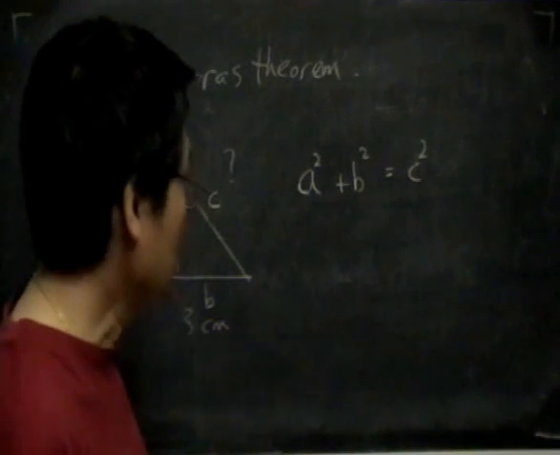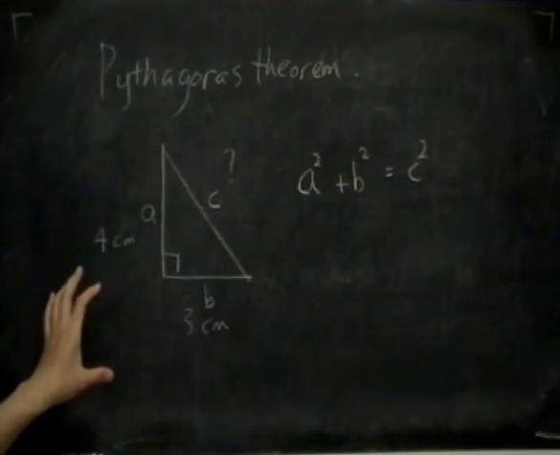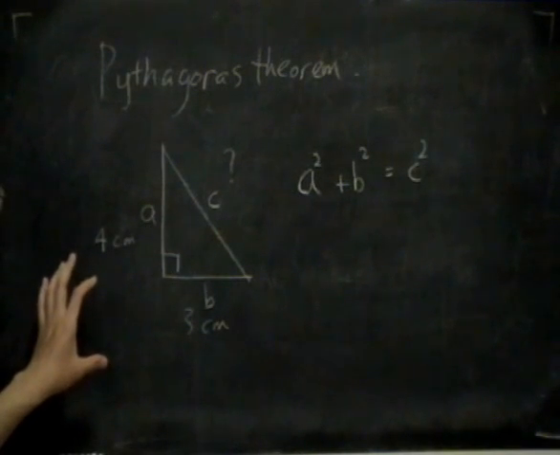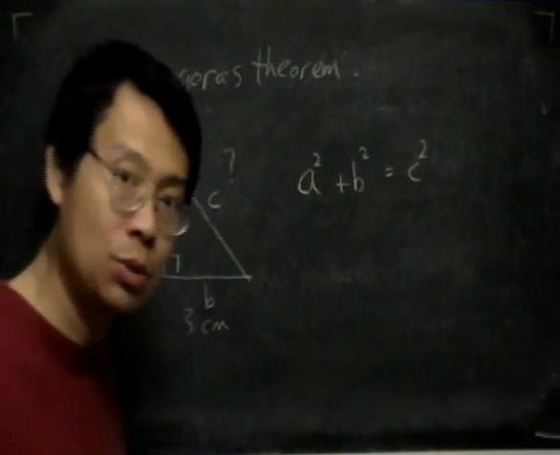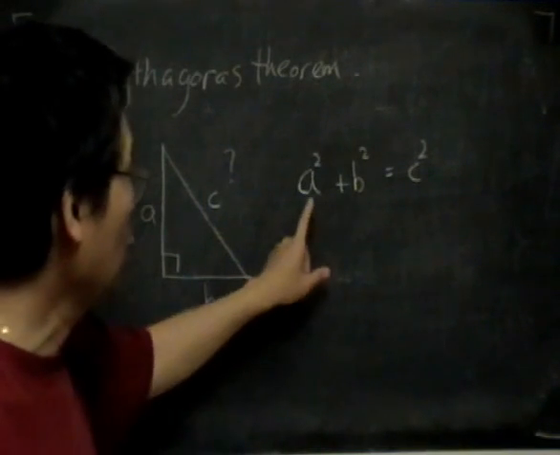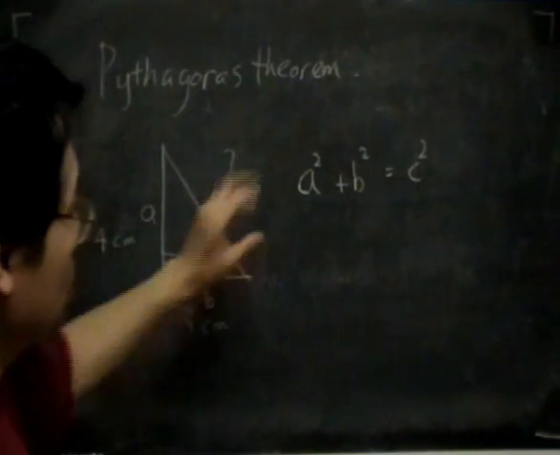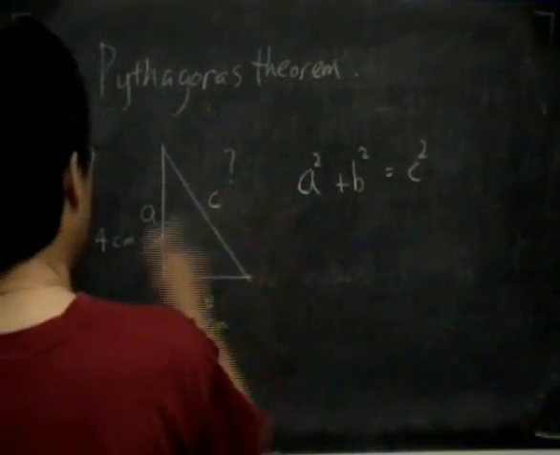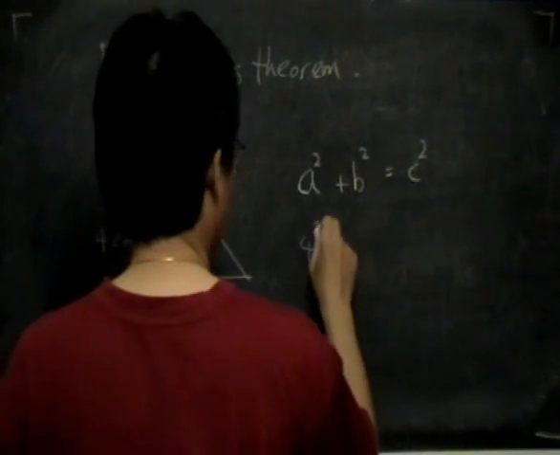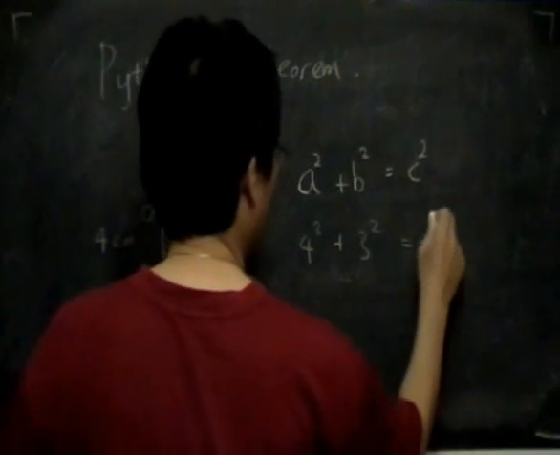So let's use this theorem now. The obvious thing to do would be to substitute 3 and 4 into the formula. So think of the theorem as a formula. So A is 4, so we have 4 squared, B is 3, 3 squared is equal to C squared.